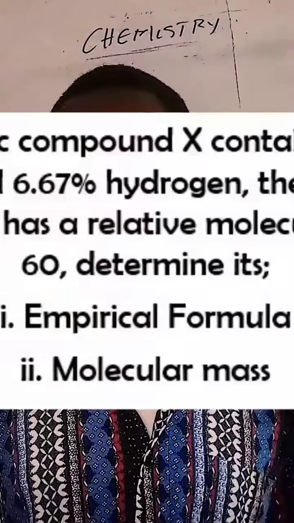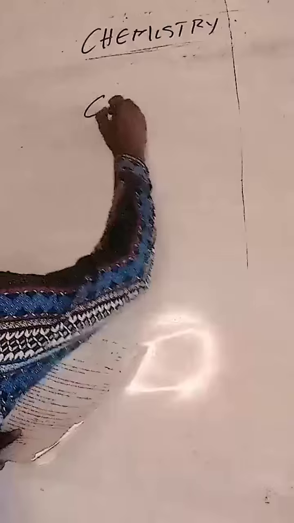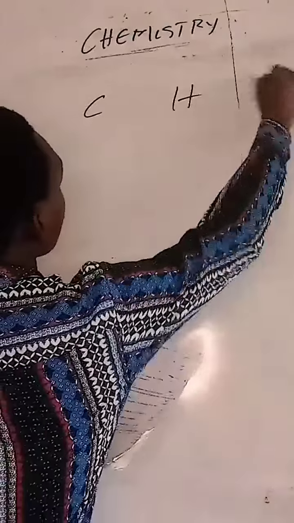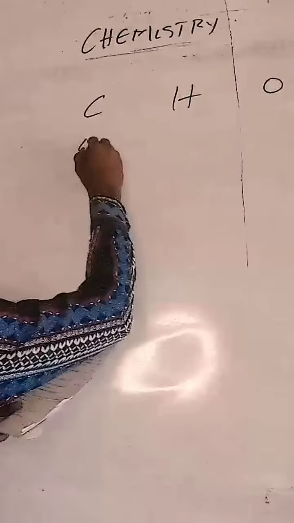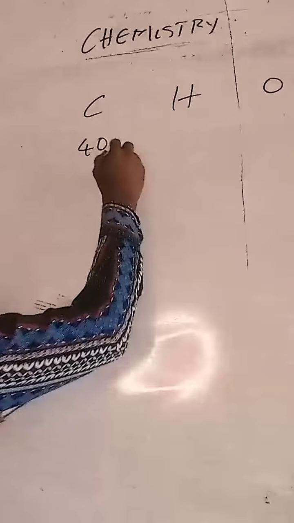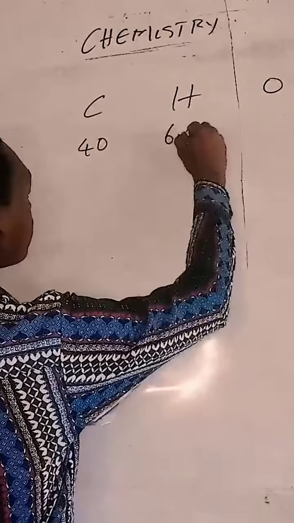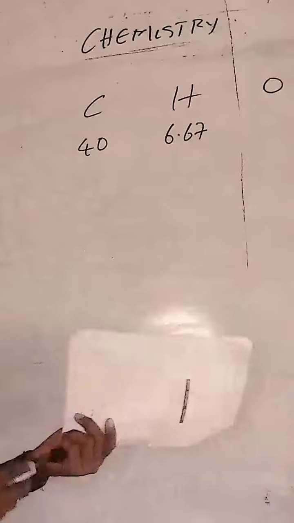We have been told that the organic compound X, whose formula we are trying to identify, contains carbon, hydrogen, and oxygen in this particular ratio: 40% of carbon, 6.67% of hydrogen.